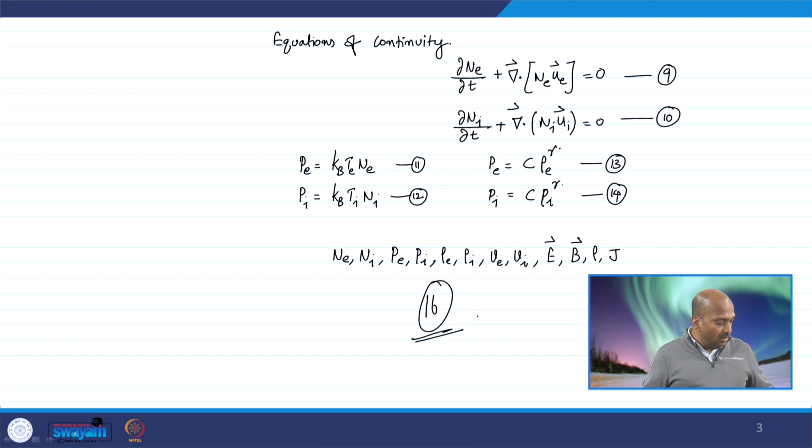Scalar components as in Ex, Ey, Ez, Bx, By, Bz, Ux, Uy, Uz.